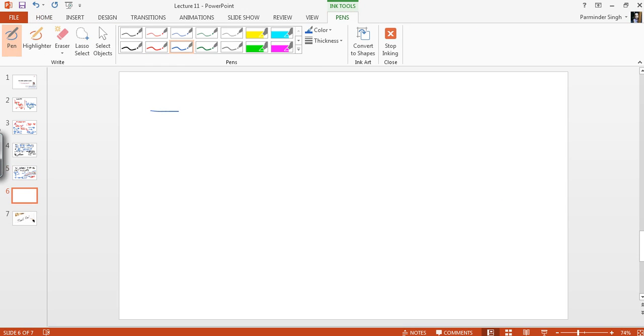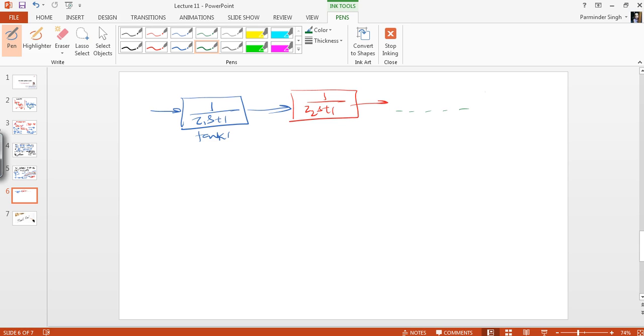Now suppose tank 1 is 1 over tau 1 s plus 1. Then there is another tank, 1 over tau 2 s plus 1, and so on up to the nth tank, 1 over tau n s plus 1.